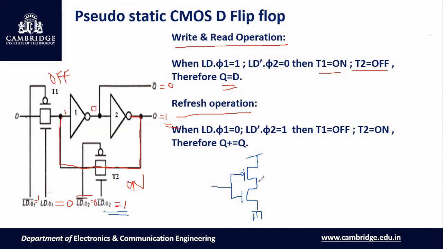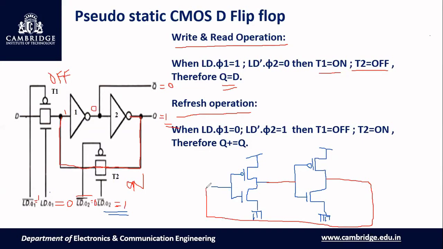Here I am drawing the circuit. Consider two inverters. This is the output of the first inverter, which should be connected to the input of the second inverter. And the output of the second inverter is connected to the input of the first inverter, like this.